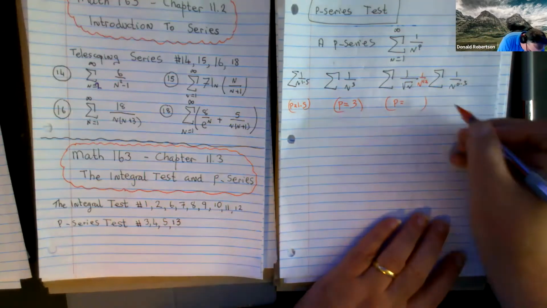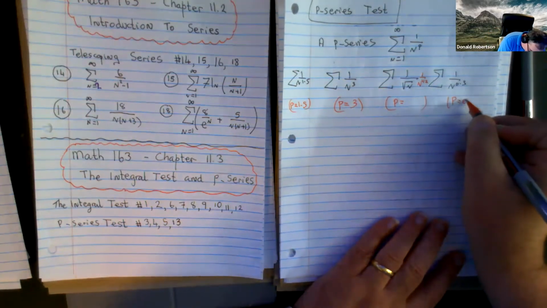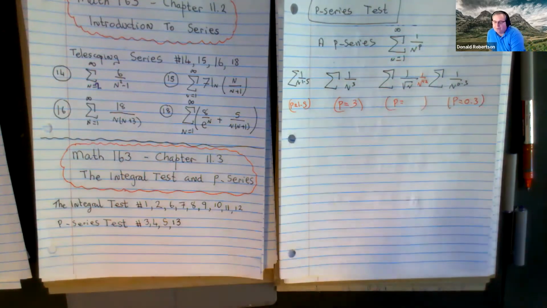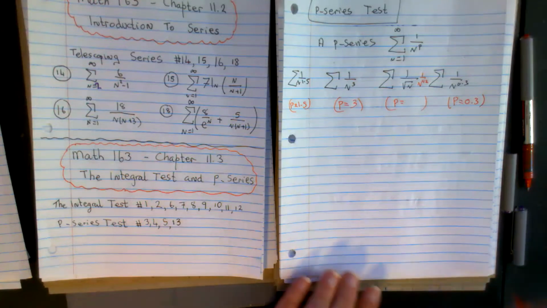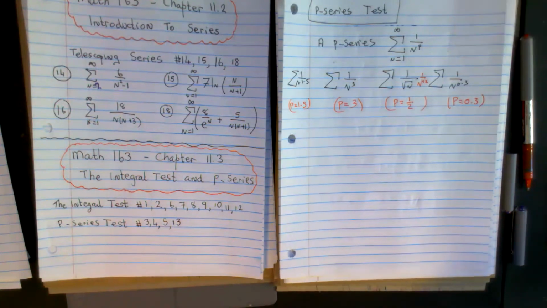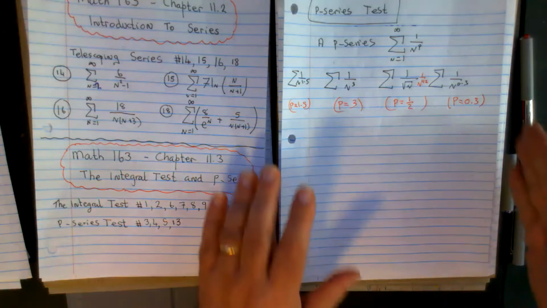This guy at the end is a p-series 0.3. What's this guy? It's not a trick question. Yeah, that's all I was wanting. Right, just a half. Sorry, you got way ahead of me on that one, so I apologize.